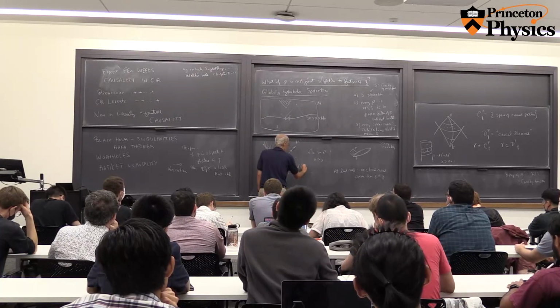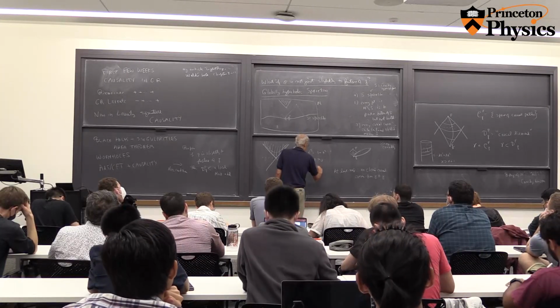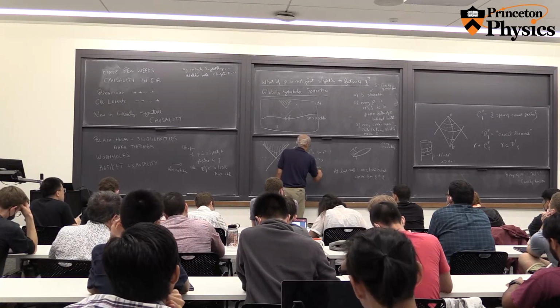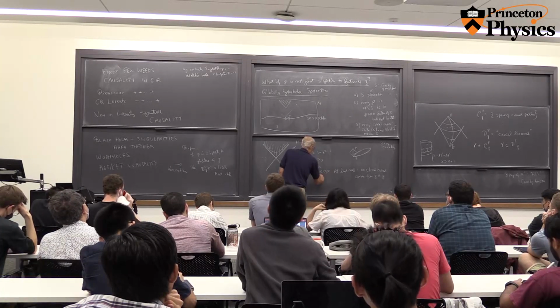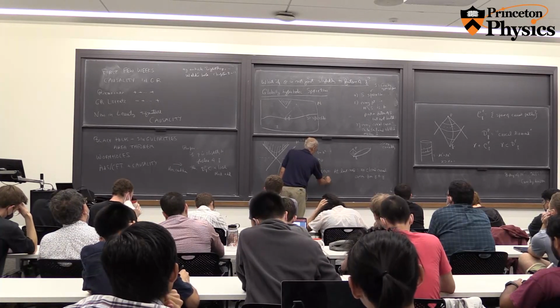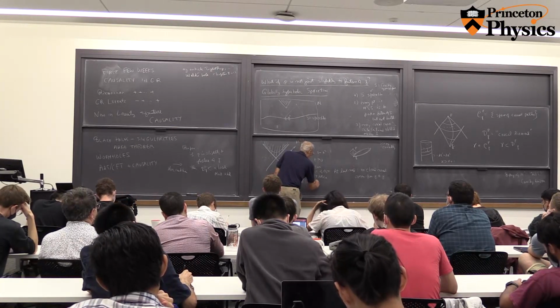So D of S is the future light cone of the origin plus interior, and the Cauchy horizon is the future light cone.